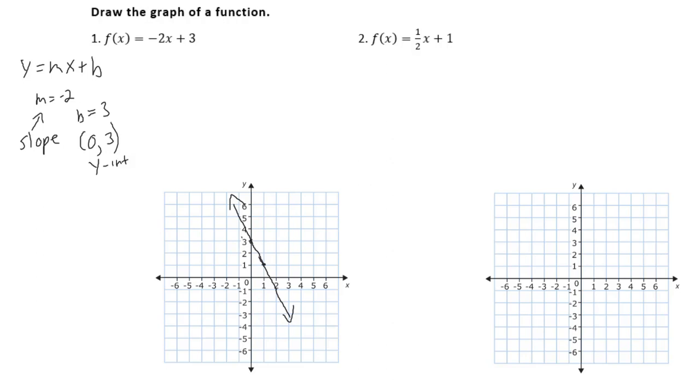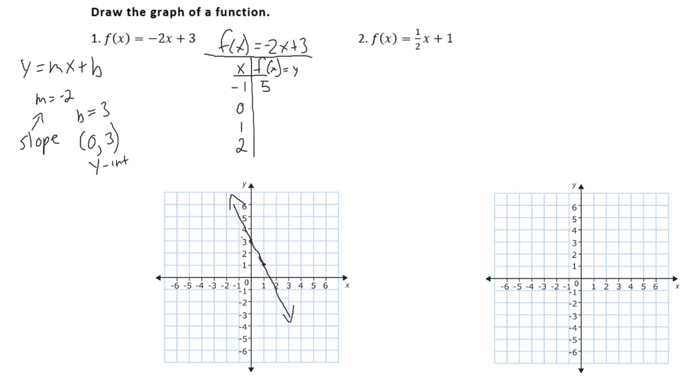Right? Now, if you don't know how to graph using slope-intercept, you can always graph using the table method. So you have x, f of x, which is y. So you pick some values. If you plug in -1, you get -2 times -1, which is 2, plus 3 gives you 5.